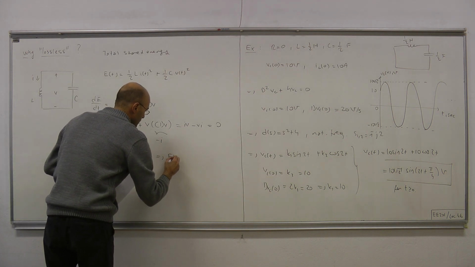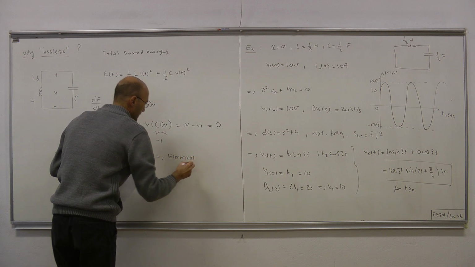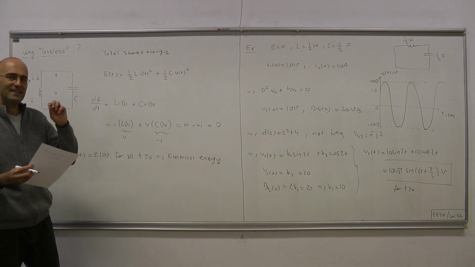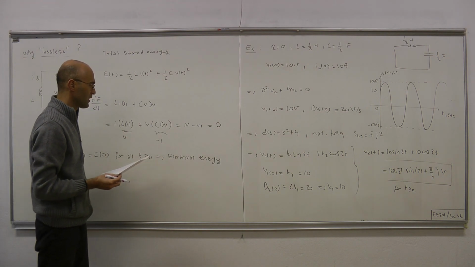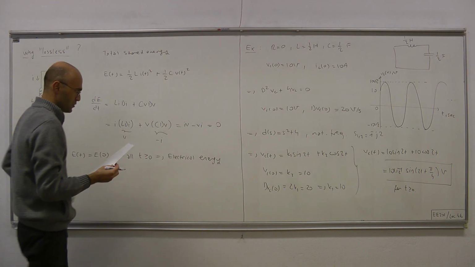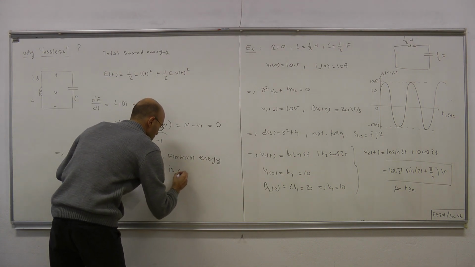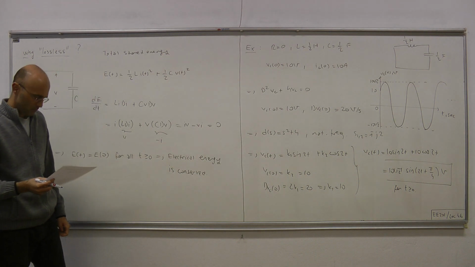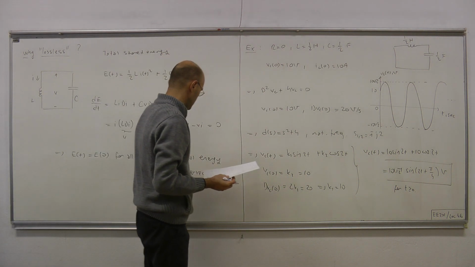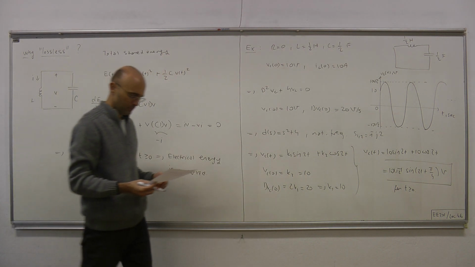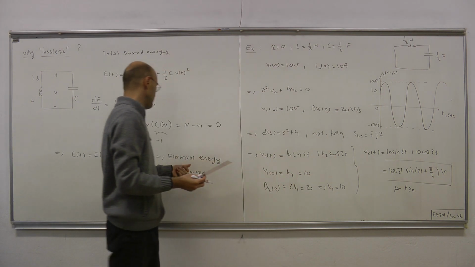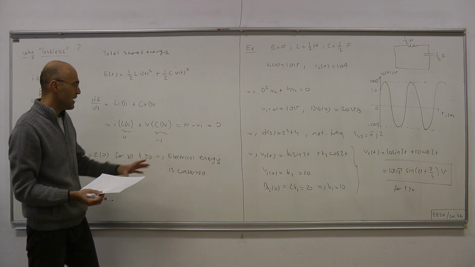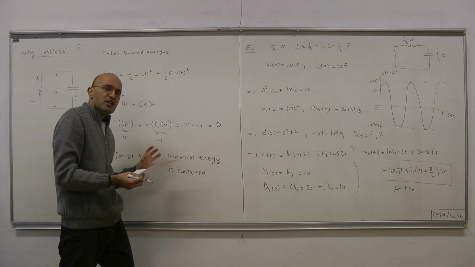Therefore, the electrical energy that's trapped in the circuit at the initial time can never leave the circuit in the future. And we say electrical energy is conserved. Well, we always use the term energy is conserved for all situations, but what we mean is it changes form.